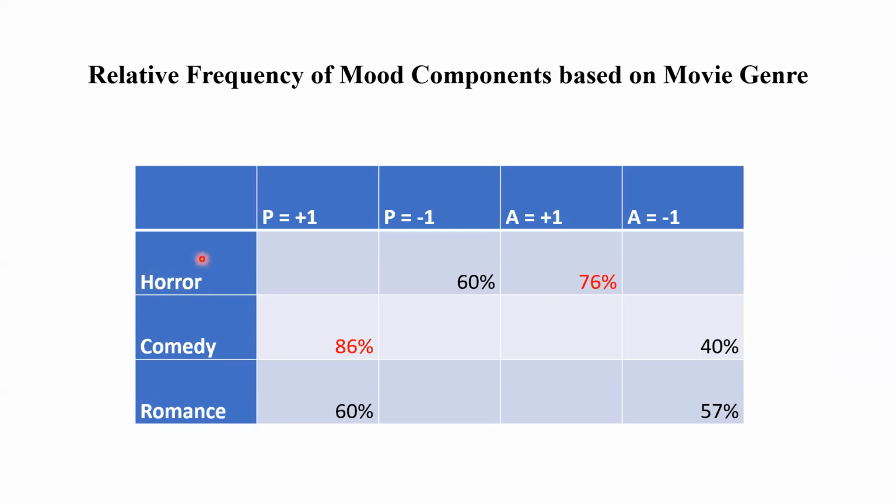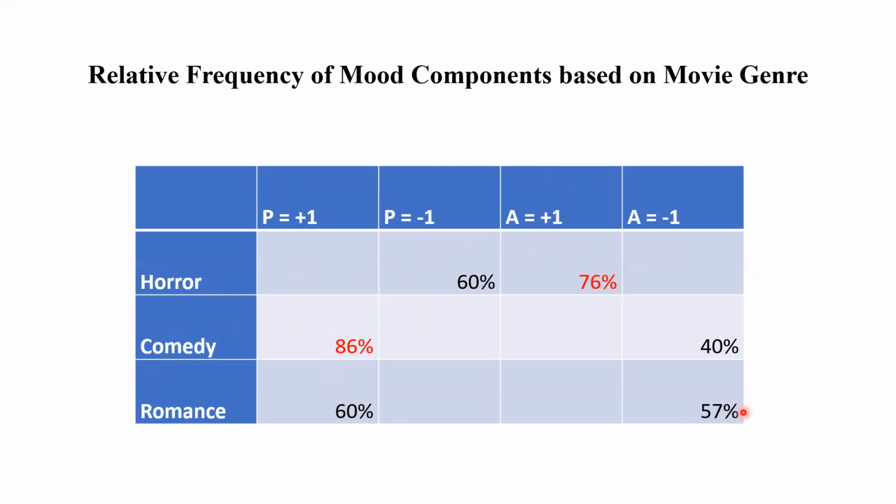For example, for a scary movie, for 60%, they actually experienced lower pleasure after watching it. In this table, I showed the maximum relative frequency. That's why I didn't show the value here. Also I didn't show a value for no change. So the values here relate to the relative frequency of the maximum for each category. For pleasure and a scary movie, for arousal and horror, again, just one value for each.